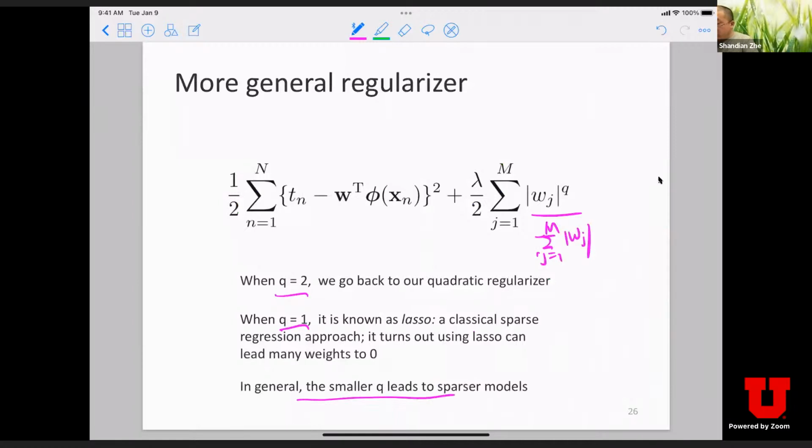You can even make Q smaller, like Q less than 1, like 0.5, 0.1, and so on. In general, smaller Q leads to sparser models, but the most commonly used are Q equals 1 or Q equals 2. There are many approaches to optimize the whole loss. Q equals 2 is even easier to optimize, but for smaller Q values like 0.1, the optimization becomes much harder.